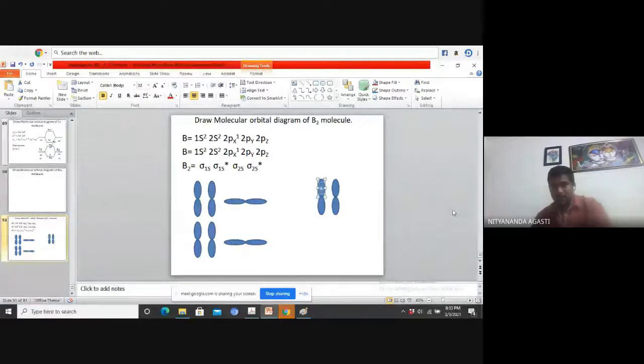A p orbital I will write like this. This is one p orbital.